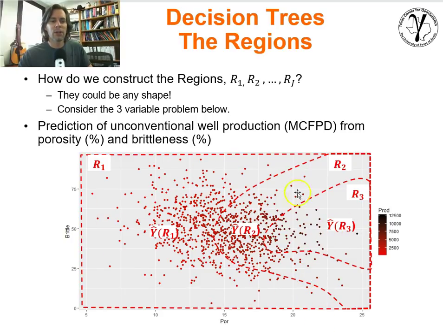So we go from high production to mid-production to low production. I could go ahead and draw these contour lines, and that would be a segmentation of my space, and it would be very efficient. It'd probably be a pretty good predictor. And so that would be something we could do in order to make a prediction.